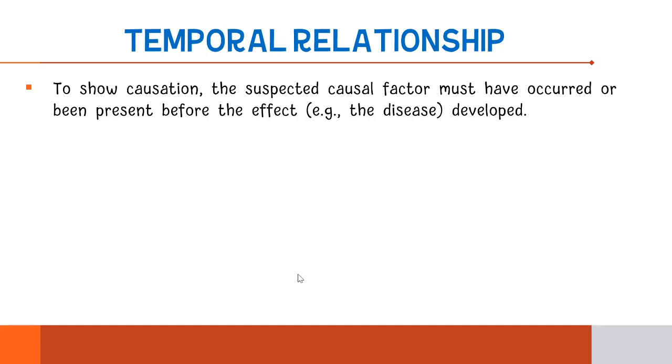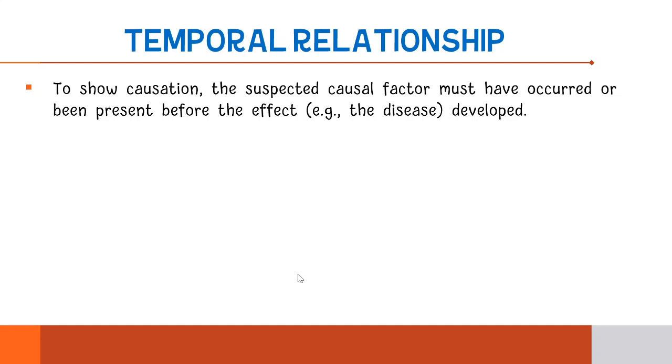By the time you got sick or got a certain disease, if the exposure or factor was only observed after you developed the disease, then automatically that cannot be the cause. So that is why temporal relationship is actually very important for us to be able to conclude that the observed association is causal.